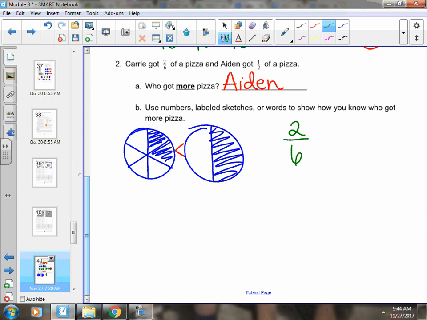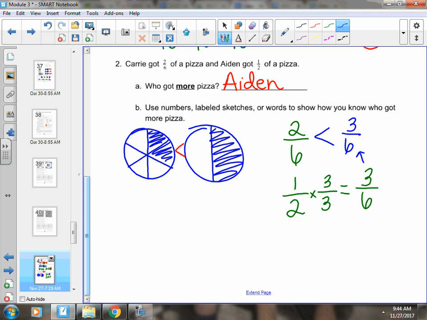I'm going to change 1/2. If I multiply the top by 3 and the bottom by 3, I know that 1/2 is the same as 3/6, right? Now that I have made them the same, now it's ridiculously easy to compare. Let me write this right up here. 3/6.